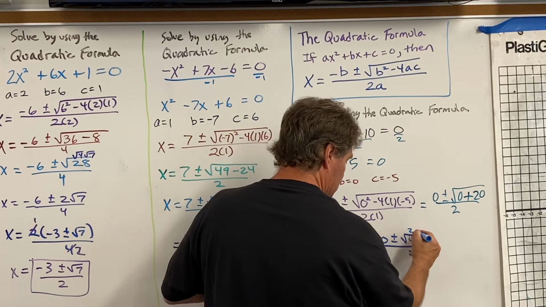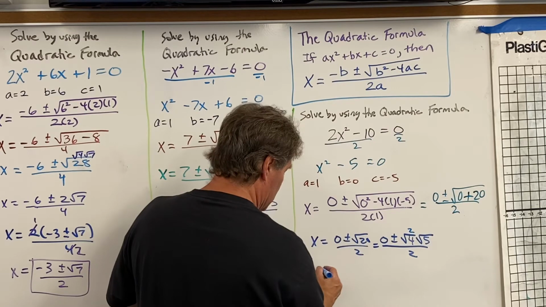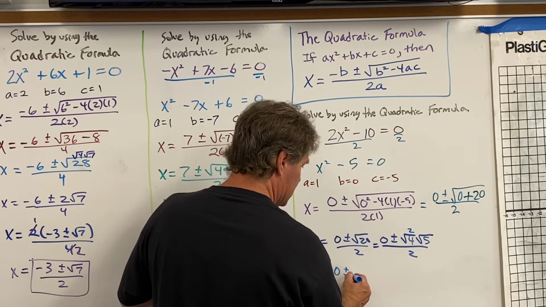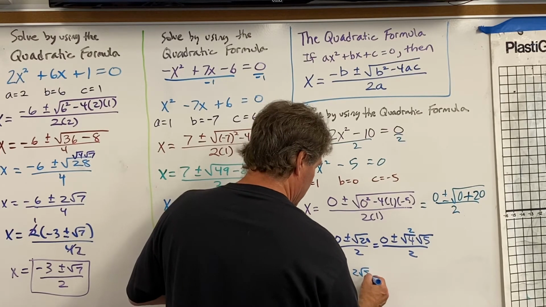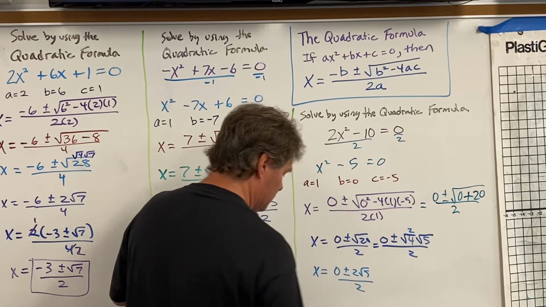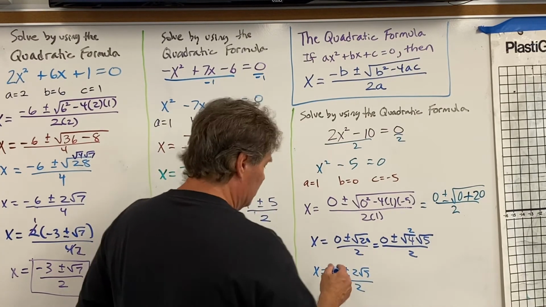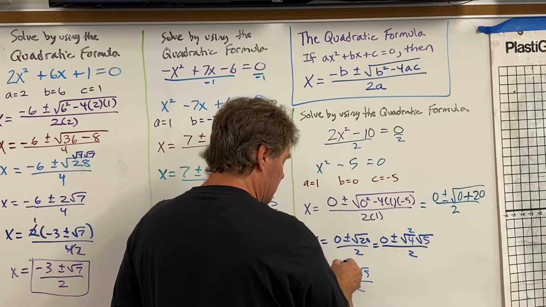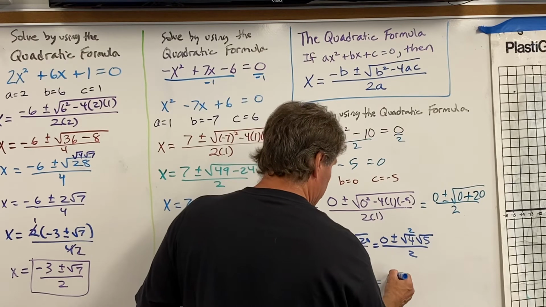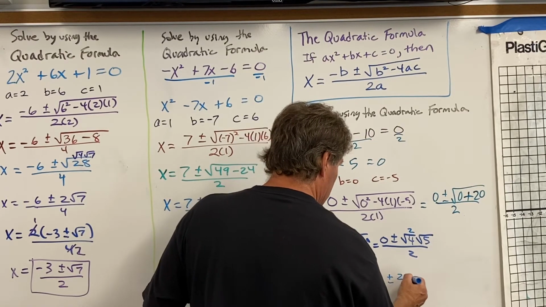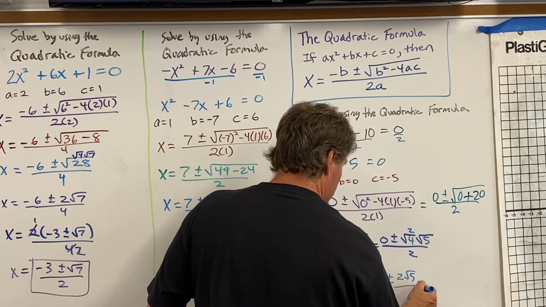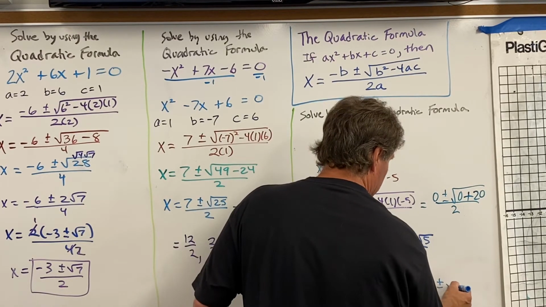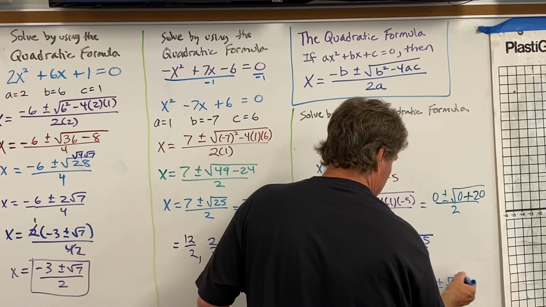So this is all going to be x is 0 plus or minus 2 root 5, the whole thing over 2. Now, 0 plus or minus this over 2, the 0 doesn't do anything. So really this nets out to just be plus or minus 2 root 5 over 2. And then the 2's can cancel, and you get plus or minus square root 5.